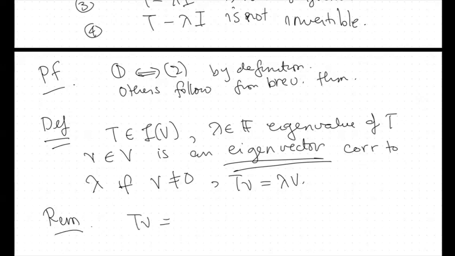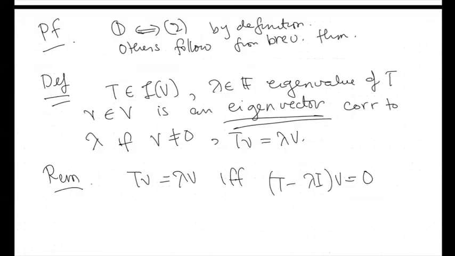T of V is equal to lambda V if and only if T minus lambda I of V is equal to 0.